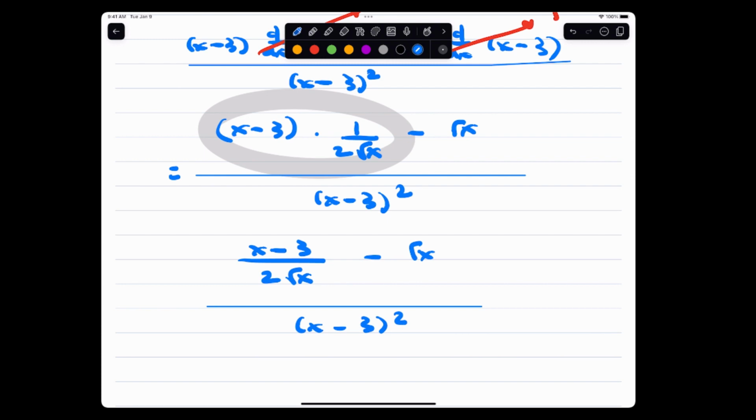Now, you're going to subtract, right? We're going to subtract rationals. I want you guys to pay attention to that denominator. This is the algebra. You're going to need to subtract two fractions. So multiply the top here by 2 square root of x divided by the bottom 2 square root of x.